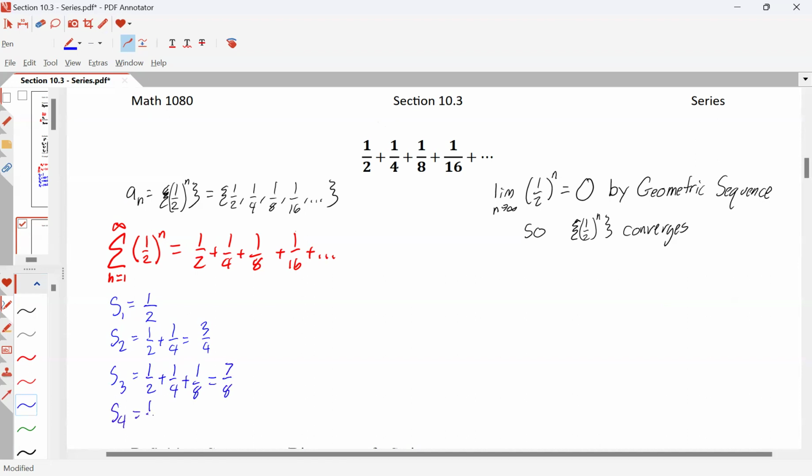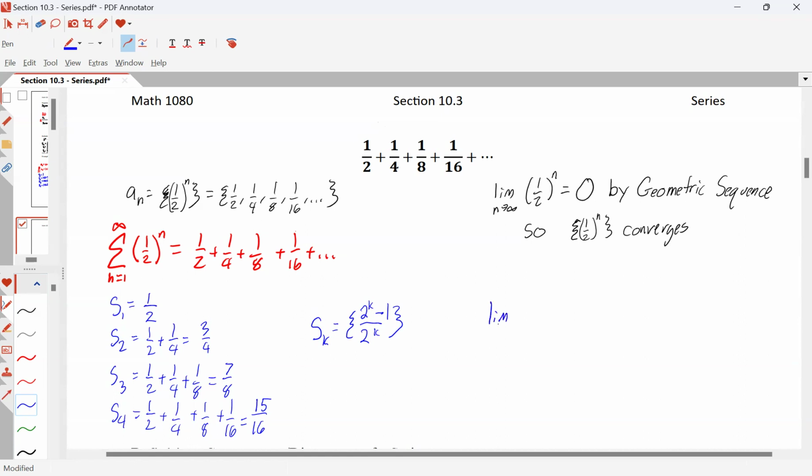S sub 4 is 1/2 plus 1/4 plus 1/8 plus 1/16, which is 15/16. And continuing on, if we look at this pattern, the denominators are powers of 2, and the numerators are 1 less than the denominator. So the sequence of partial sums is the sequence of those powers of 2 minus 1 over the power of 2. So there is our sequence of partial sums.